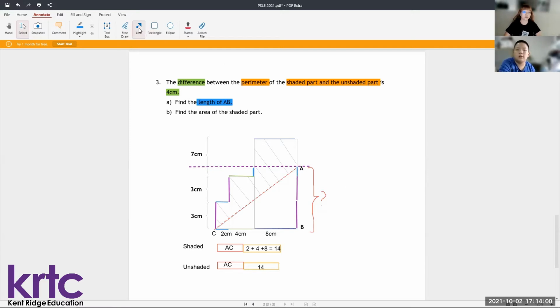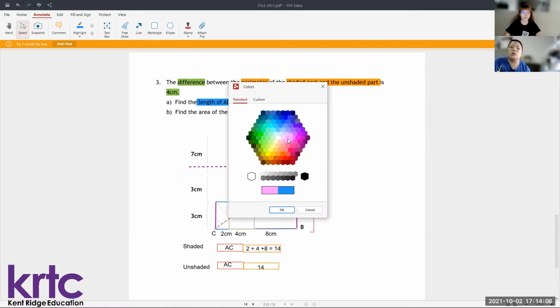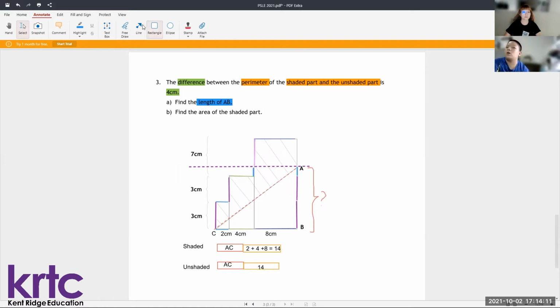That means these two lines are equal. So with the two purple and the blue, the one where I have a question mark, they do have AB as well. So I'm going to draw a model where both of these are AB, and AB will also appear here too. So both the shaded and unshaded will have AB as well.